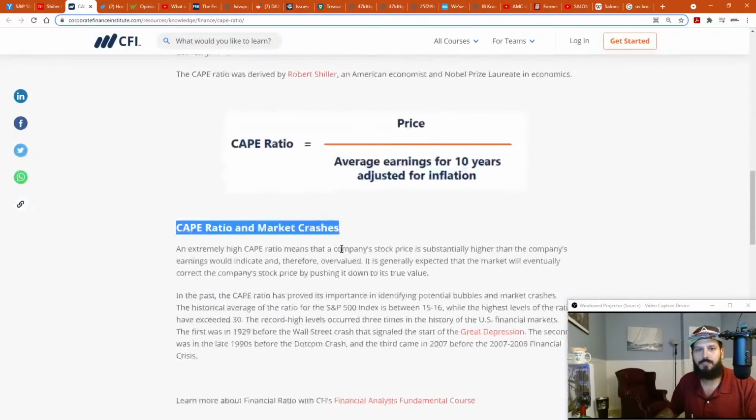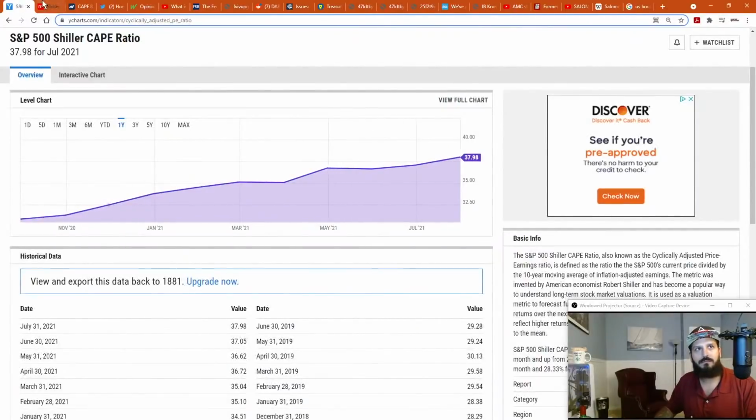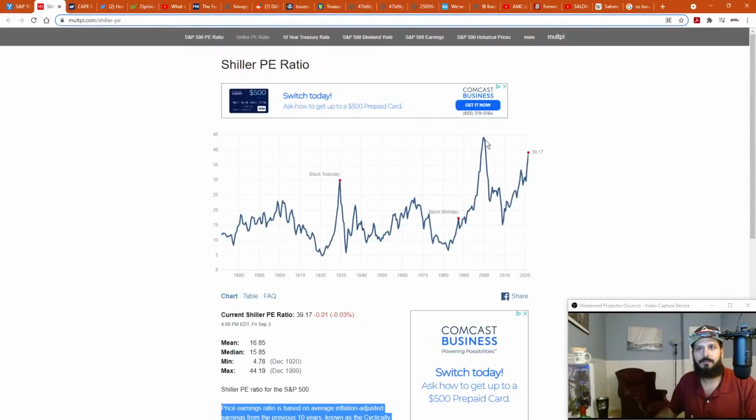Like we have not seen since way back. The only time the Shiller PE ratio, CAPE PE ratio, whatever you want to call it, has been higher than it is right now was during the dot-com bubble back in the late 1990s, in 1999, 2000.